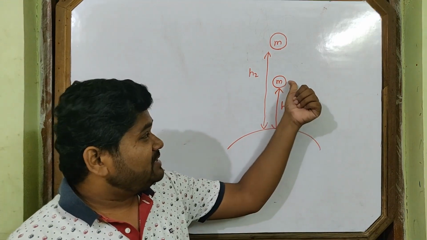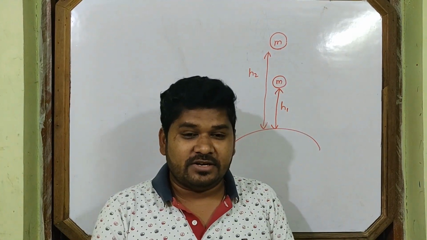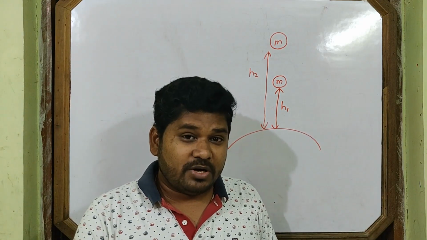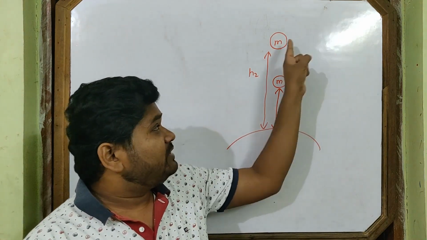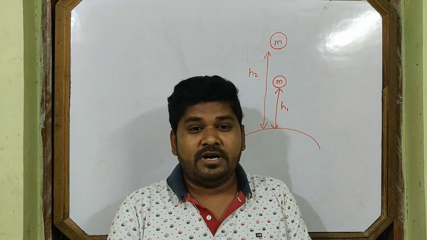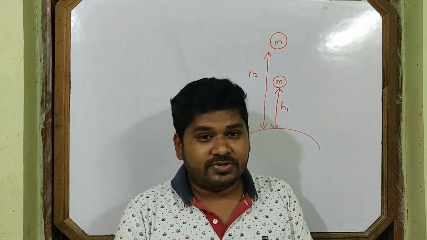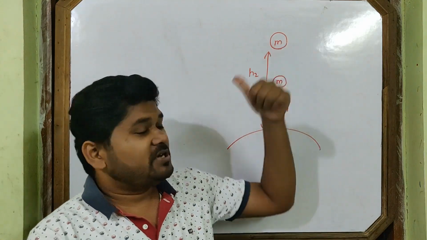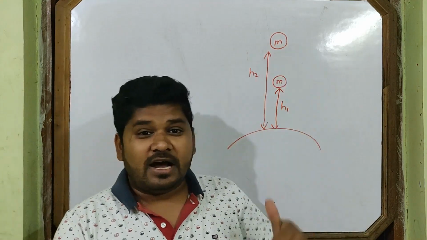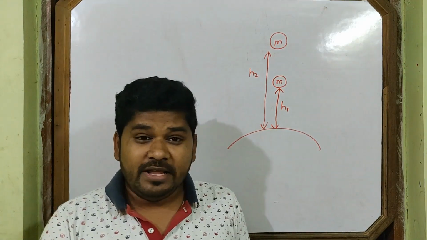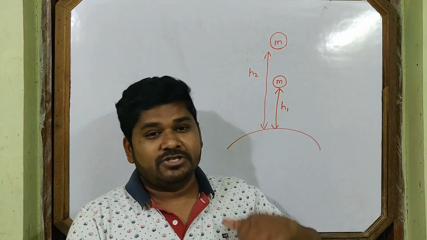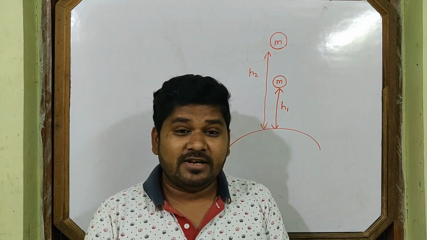If we take the body from this point to this point, we get a change in potential energy, because this point has some potential energy. But when we bring the body from infinity to this point, that is also a change, but the potential energy at infinity is zero. Hence, that is the potential energy of this point. So what is the potential energy of this body? The amount of work done to bring the body from infinity to this position is the potential energy of the body.